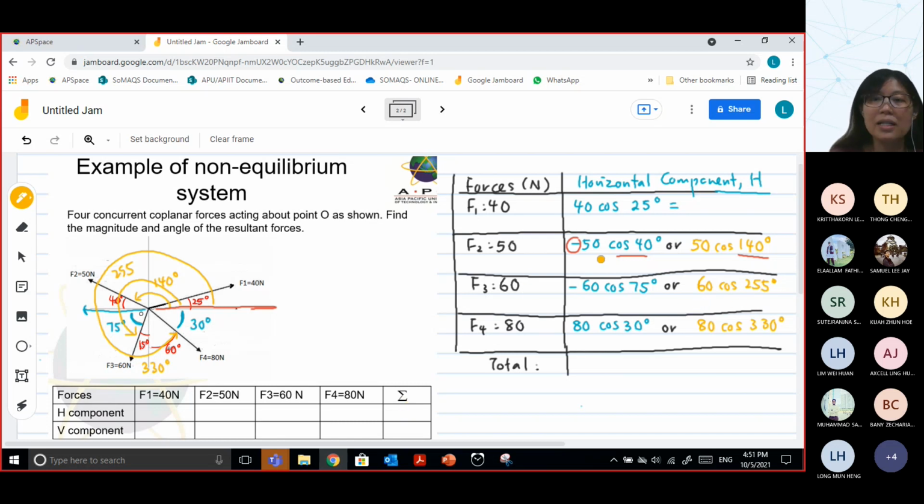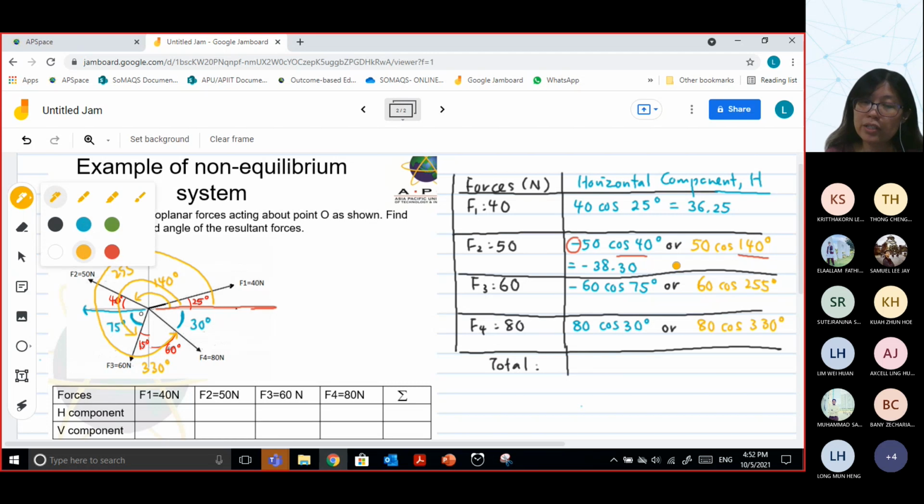Then let's calculate the values. For the first one, 40 cos 25 is 36.25 Newton. Then the second one, negative 50 cos 40, you get negative 38.30.